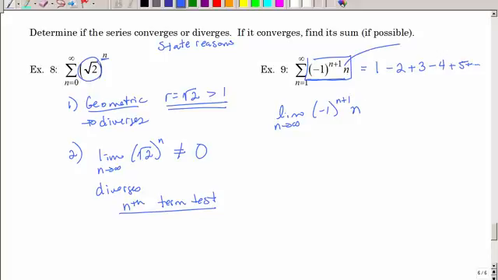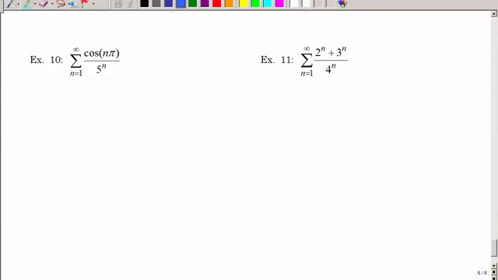As n approaches infinity, are we getting closer and closer to 0? No. So we can say the series diverges, and again, I've used the Nth Term Test. So make sure you state those reasons.